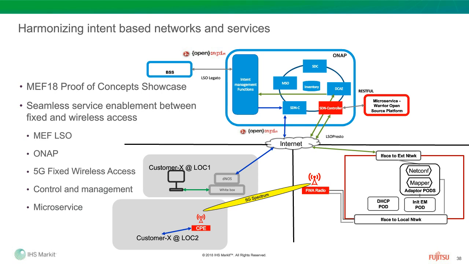So the switch would be from the wireline access that you see in the top gray box down to, as the customer migrates from a fixed connection moving into a wireless fixed wireless access domain, that customer experience was seamless and all orchestrated via ONAP.